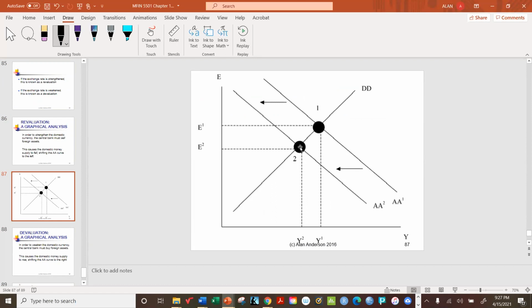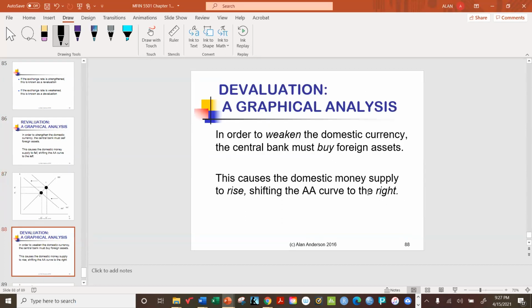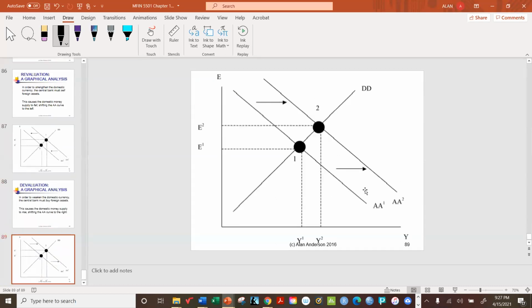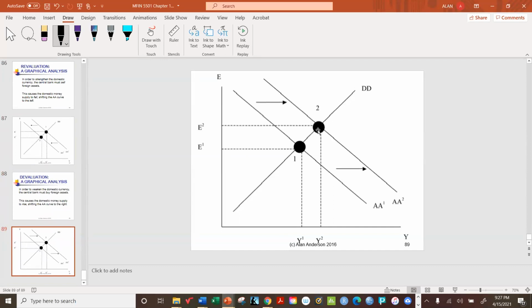So going forward, we announced that E2 is now the fixed exchange rate, and we have to take steps to intervene every time the exchange rate starts to deviate away from E2. Over here, as we already know, in order to weaken the domestic currency, the central bank can buy foreign assets, shifting the AA curve to the right, which pushes the exchange rate up to E2 now. And then we announce that this is the new fixed exchange rate, and we'll defend it no matter what it takes to keep it there.